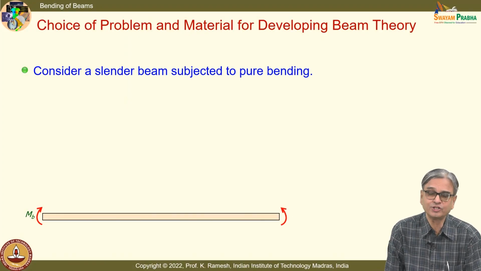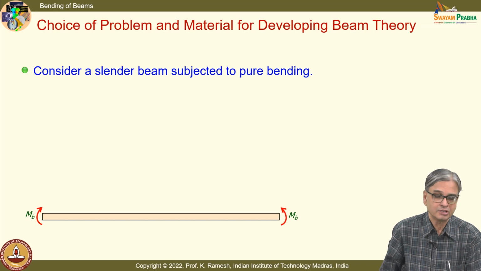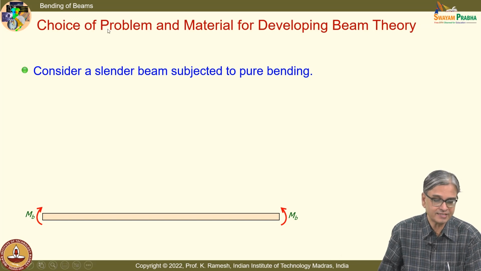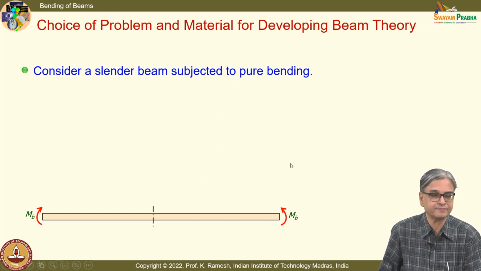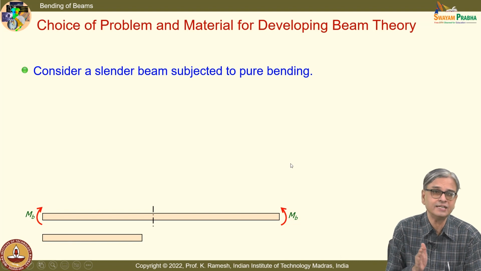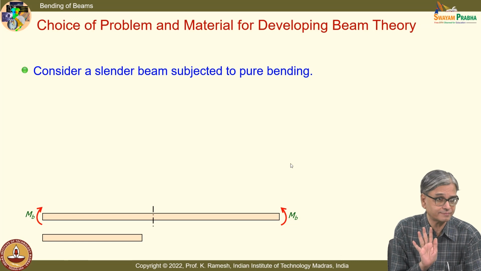And before we continue today, we again review and emphasize some of the basic idealizations. You should always keep track that we are looking at only a slender beam, and the beam is subjected to pure bending. So, every cross section transmits only the bending moment, there is no other force.